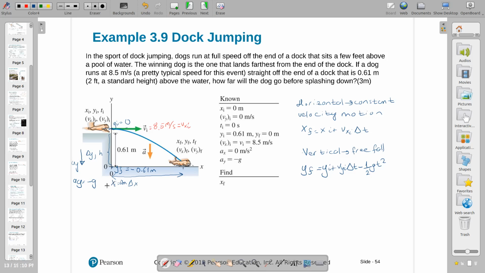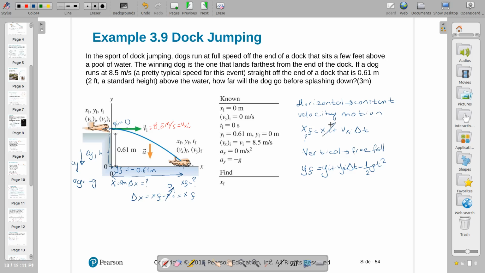And along x, x initial is 0, and x final we don't know, which is what we're looking for, because the distance between x initial and x final is delta x. That's what we're asked to find. Delta x is equal to x final minus x initial, which will be equal to x final in this case, because x initial we set to be 0, which is something we can always do.